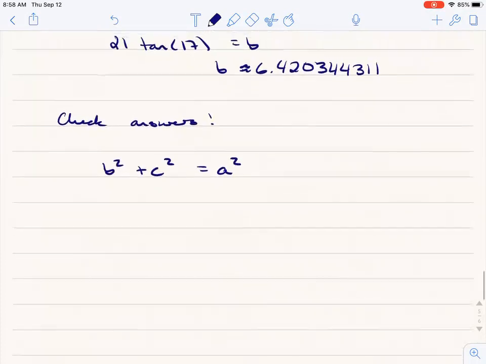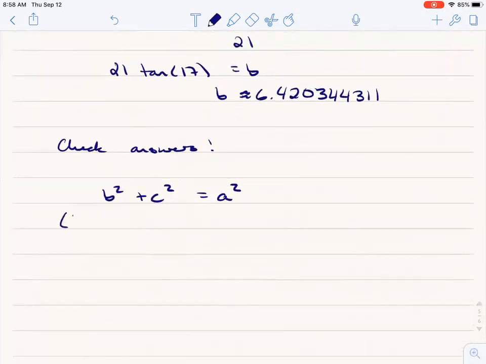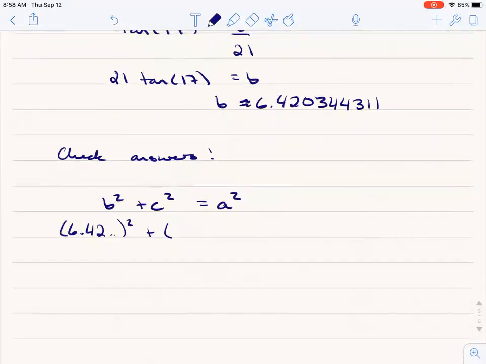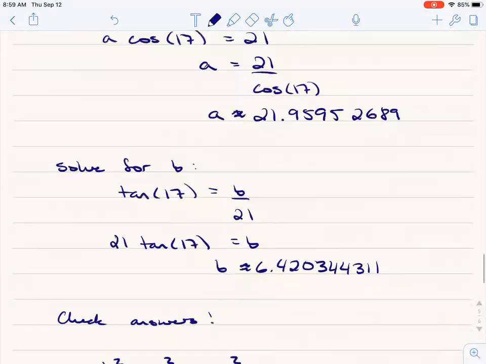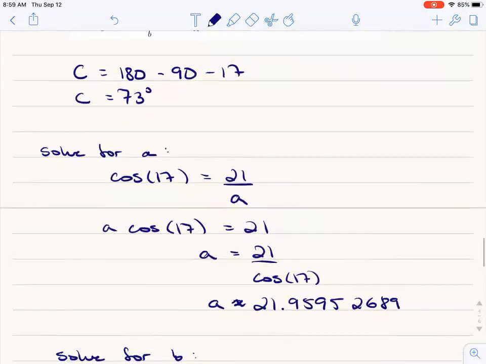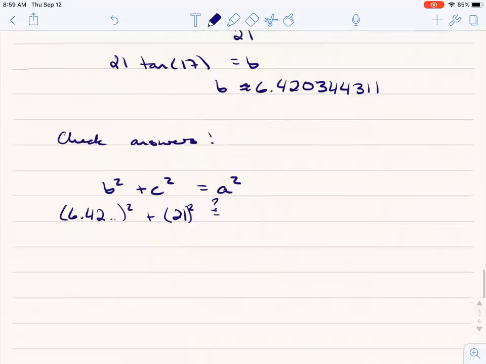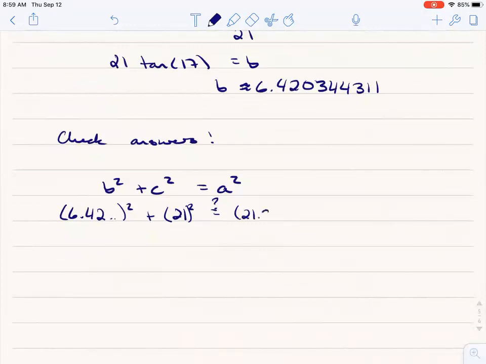So then b was 6.42 blah blah blah squared plus c is 21 squared. Does it equal a squared, which was 21.95 squared?